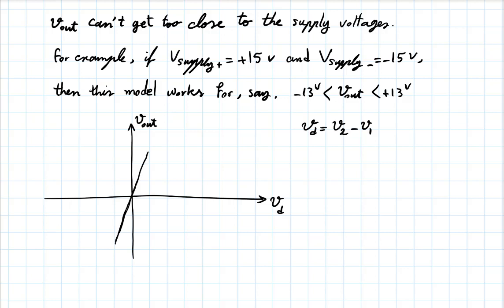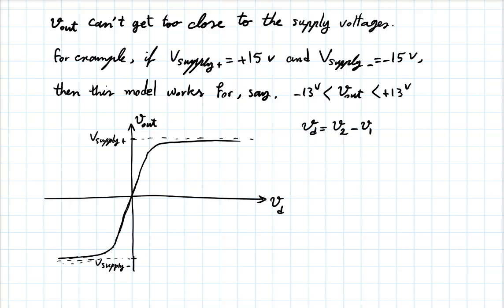But then if, let's say this is my V supply plus, and this is V supply minus, the output is going to saturate to a value close to those.